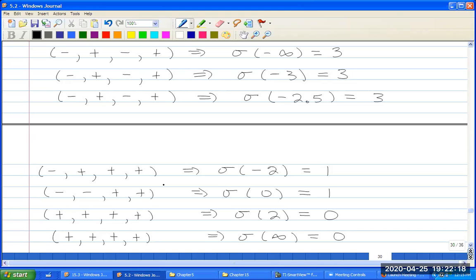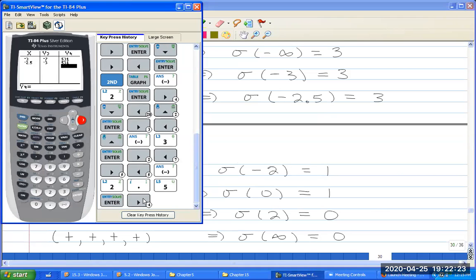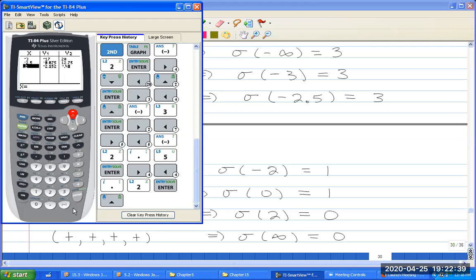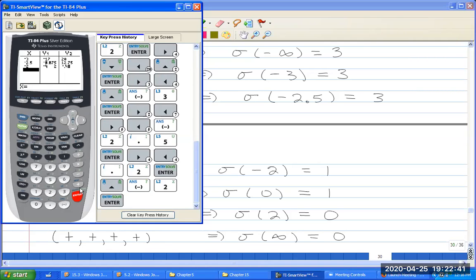Really? Let me just check negative 2 again. Does that really happen at negative 2? Let me just check to see if I miscounted at negative 2. I can't believe there's that many. I did 0.2, negative 2. Okay, so minus plus, plus, plus, minus plus plus plus.